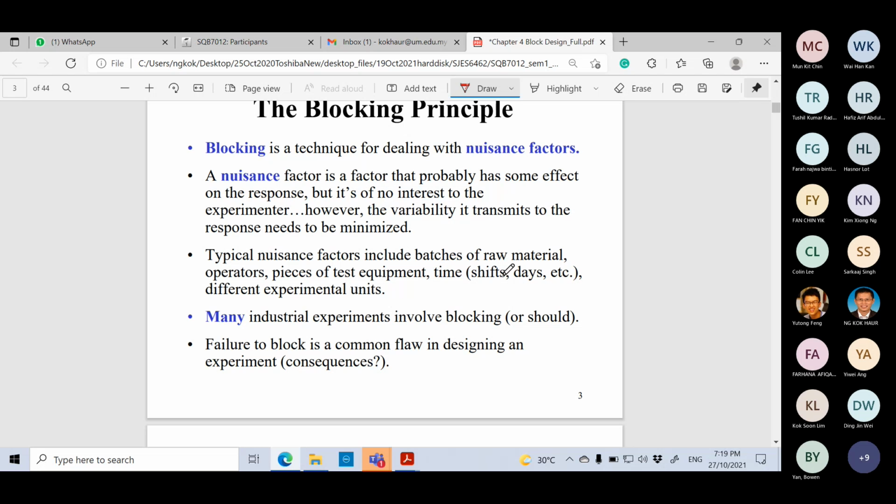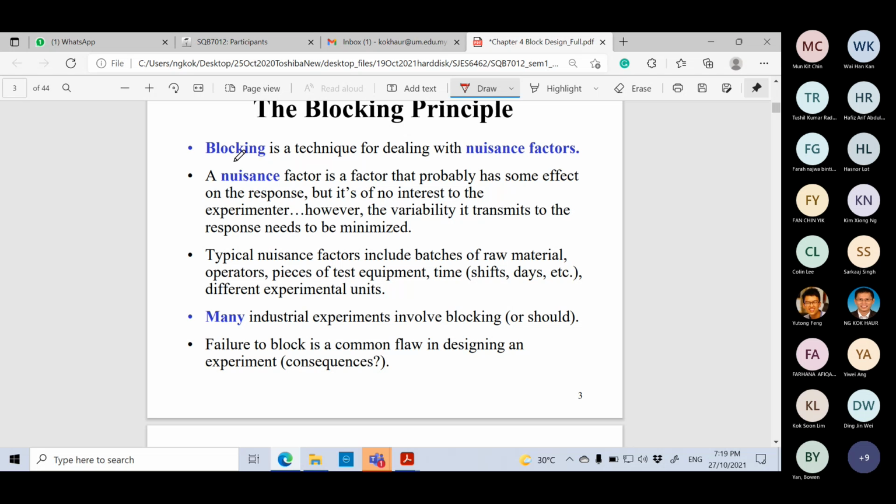Unless you can maintain that, you don't have the nuisance factor at all. If all your raw material, you expect, comes from the same supplier with no difference, then you totally don't need to consider blocking, because you can show that you don't have this effect at all. Your operator, if all the operators give you the same performance, then you totally don't need to consider blocking.